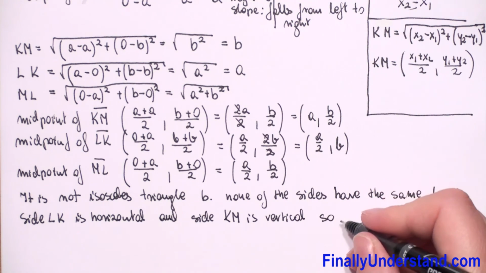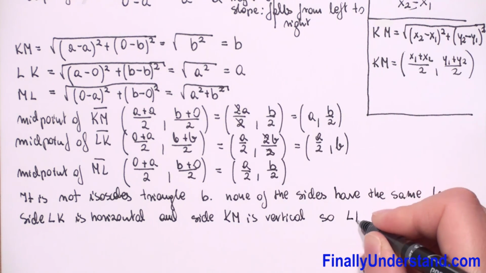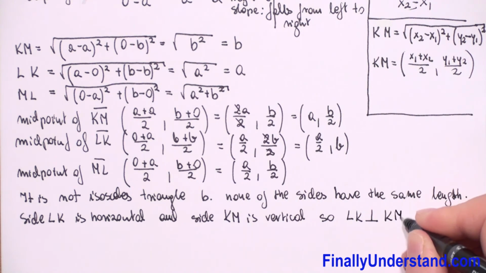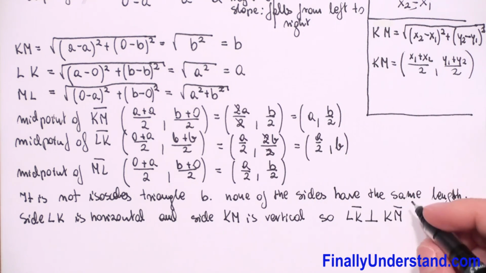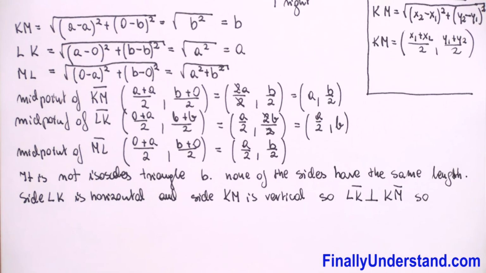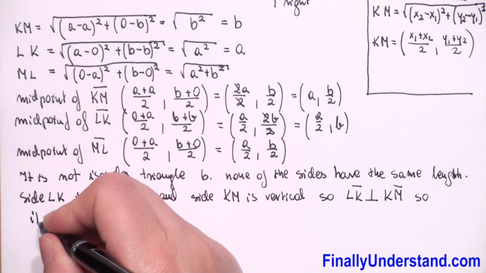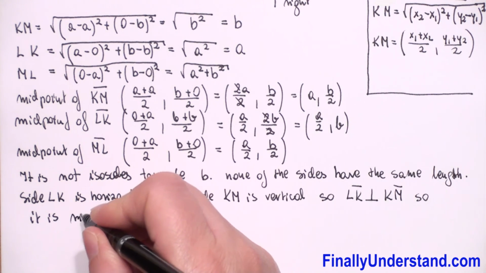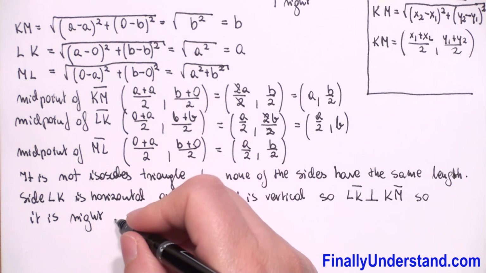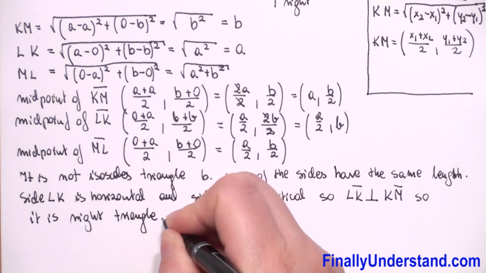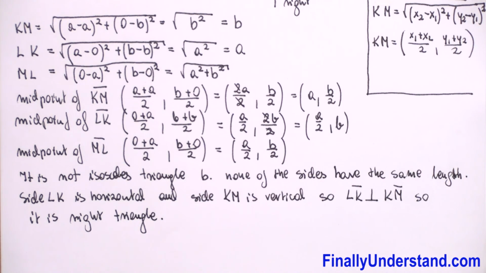So segment LK is perpendicular to KM segment. So it is a right triangle. This is my solution.